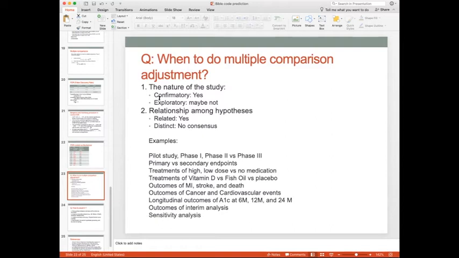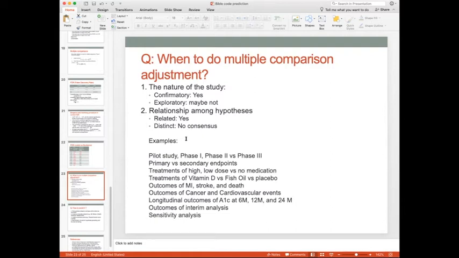However, if it's exploratory, you may have more flexibility not to do that. The second is the relationship among these multiple hypotheses. Are they related? If they are related, you definitely want to control for multiple comparison. If they are distinct, this is a little bit controversial, and there's no consensus about this.